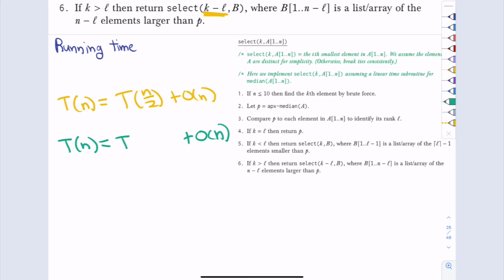And what's the worst case of those options? So the worst would be 9/10, right? But in the worst case, I'm at least getting rid of 10% of the input, even if the median was on an extreme of what was possible and the rank of the element we're looking for is on the other side.